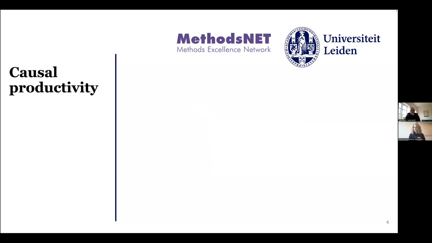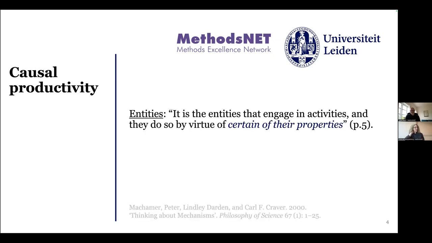Now, this idea is actually taken from a by now somewhat old paper, written by Machamer and colleagues, where the idea is to focus on entities engaging in activities and how those entities and activities hand on the causal energy, the causal powers to a next entity and a next activity that then start doing something, wherewith you kind of get a logical explanation from a starting point to an end point.